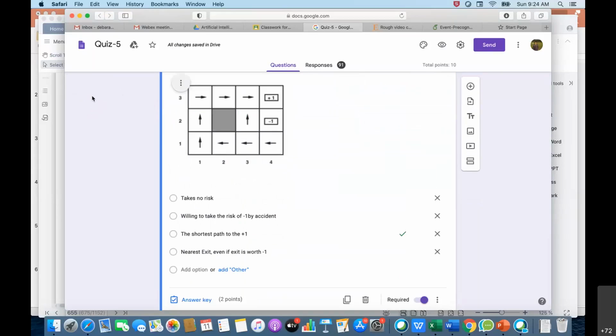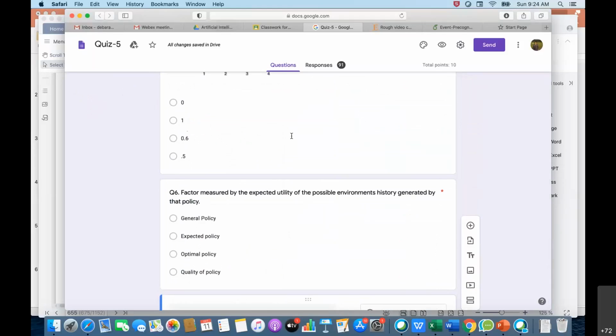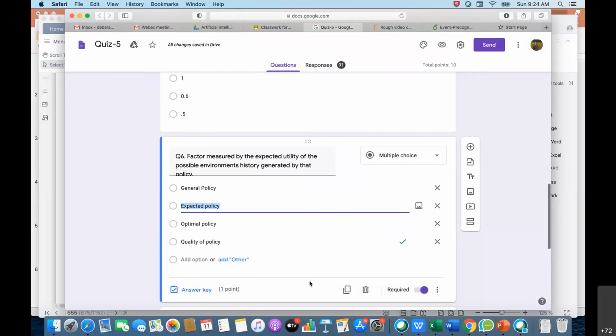Now, for which question are you asking that it should not be the optimal policy? The factor measured by the expected utility of the possible environment history generated by the policy is actually the quality of the policy that we are evaluating.